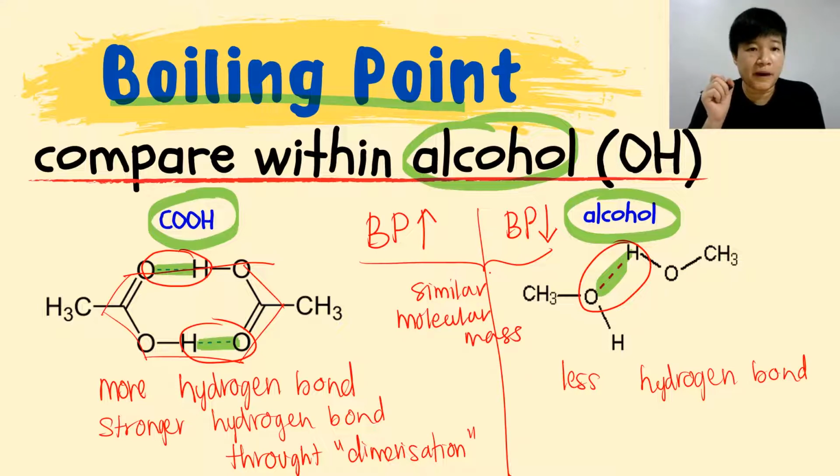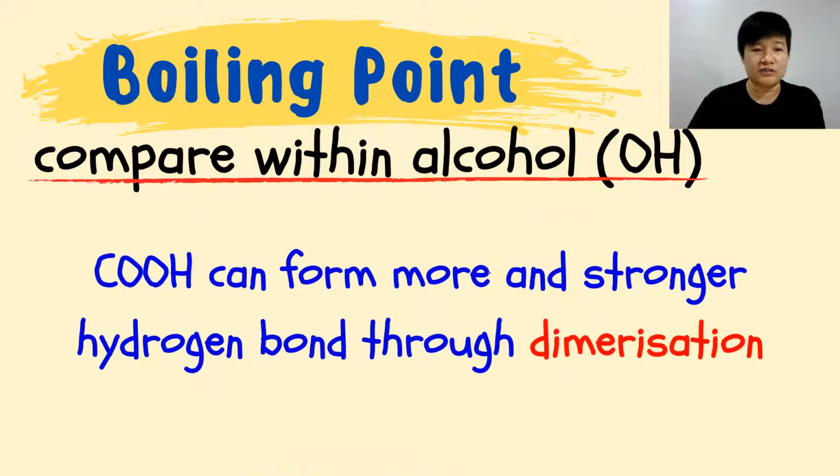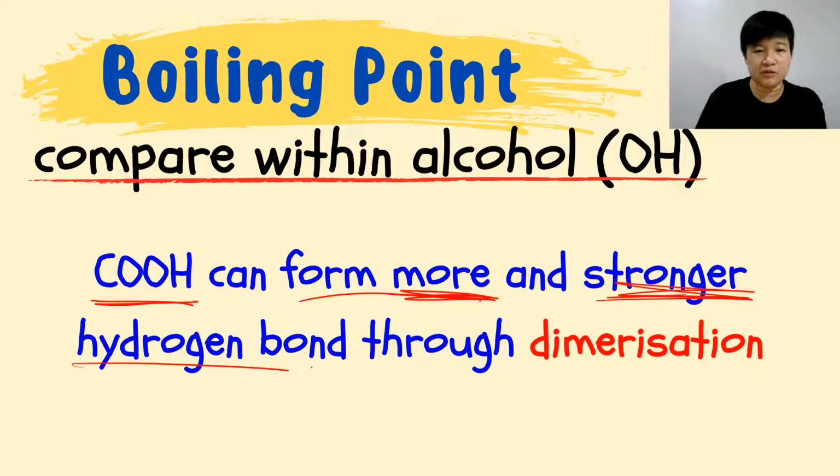So we can only compare the carboxylic acid and the alcohol with a similar molecular mass. Alright? And when the molecular mass between carboxylic acid and alcohol are similar, obviously carboxylic acid will have a higher boiling point. Because carboxylic acid can form more and stronger hydrogen bond through dimerization.